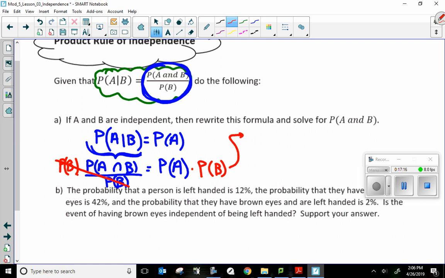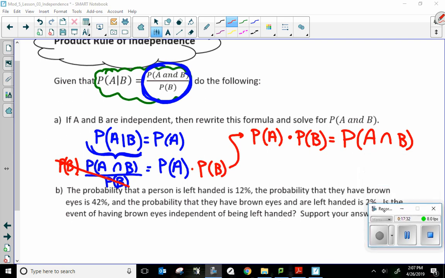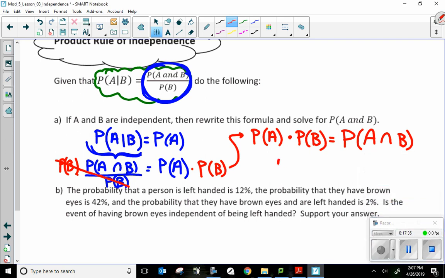If I take the probability of A and multiply it times the probability of B, it should equal the probability of A and B. If this happens, that also proves independence. This is an easier way to prove independence. This right here is another formula to prove independence.